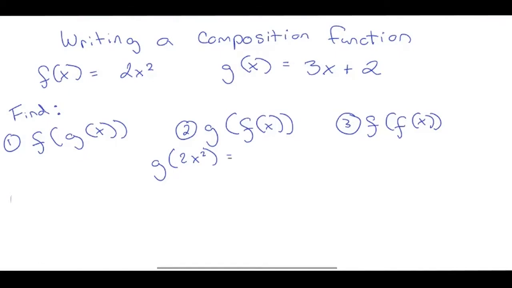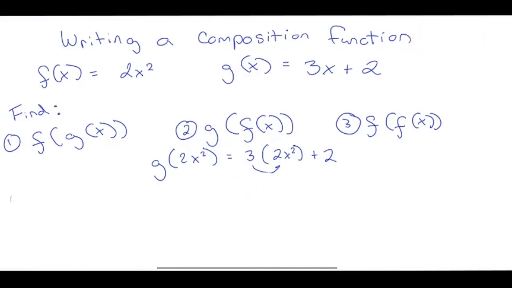So that's 3, and then replace the x with whatever f of x is equal to, which is 2x squared plus 2. Well, I just multiplied the 3 times the 2 here, and that's going to give me 6x squared plus 2. So g of f of x is 6x squared plus 2.